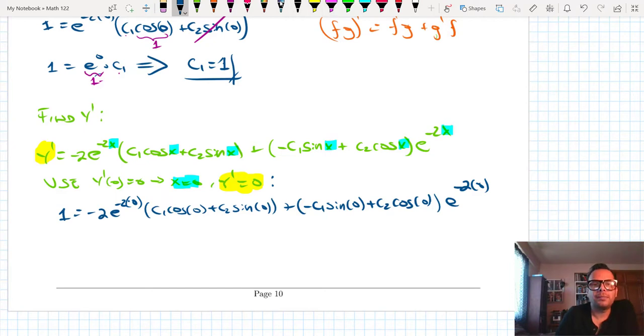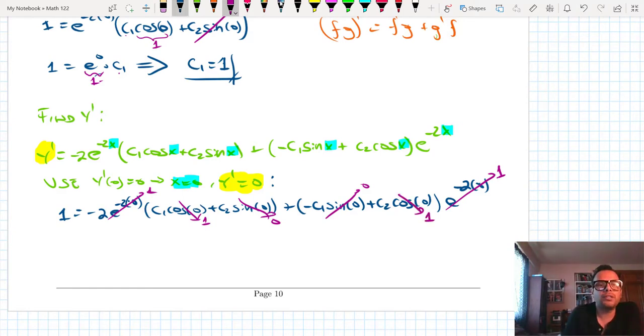Number one, sine 0 is going to make these terms go to 0. E to the 0 is 1. Cosine of 0 is 1.